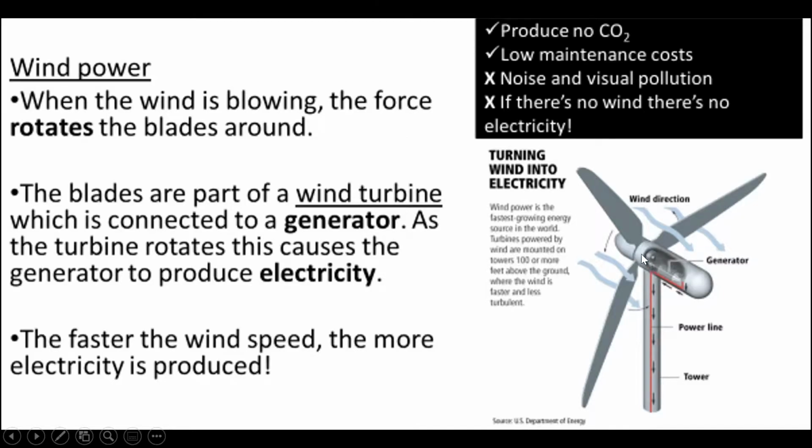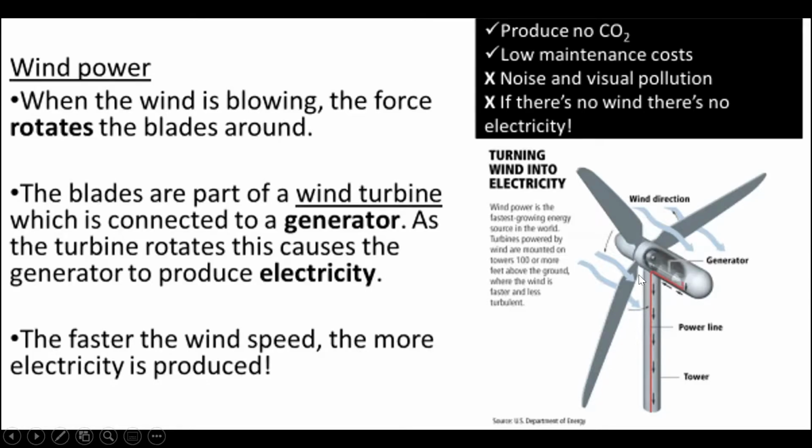At the time of recording. The blades are connected to a turbine, which is like a big fan in a way, which turns a generator. A generator is a big coil of wire around a magnet.